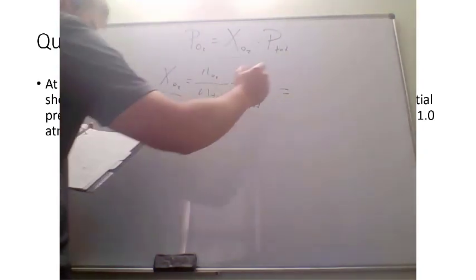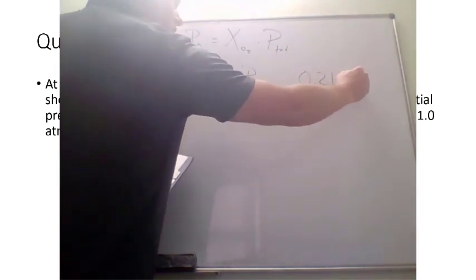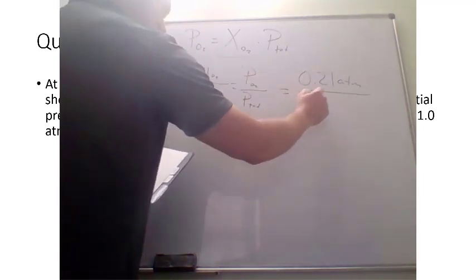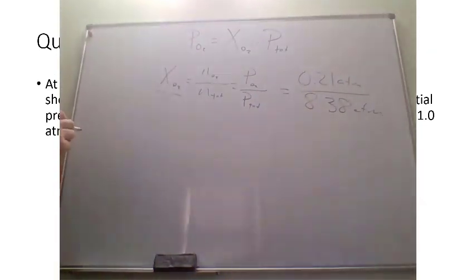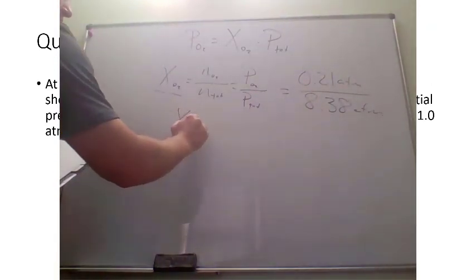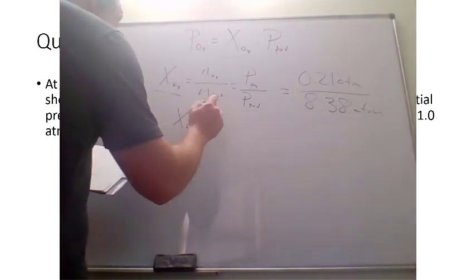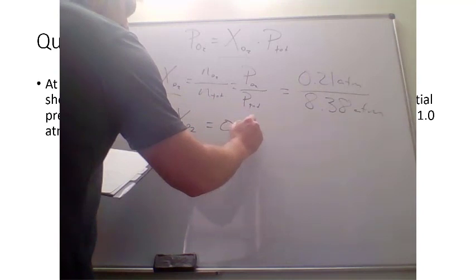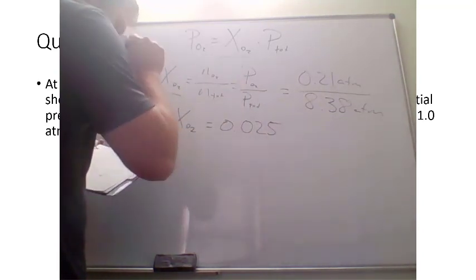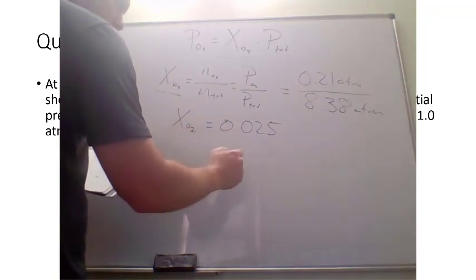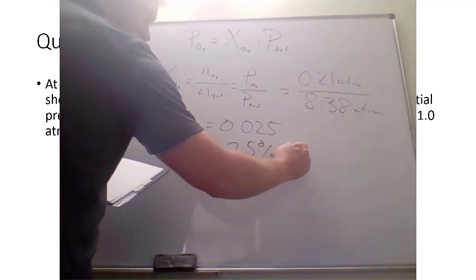So we can say that we're looking at a partial pressure of 0.21 atmospheres over a total pressure of 8.38 atmospheres. And that solves for the mole fraction of O2 as equal to 0.025, which if we convert this to percentage by multiplying by 100 would give us 2.5% O2.